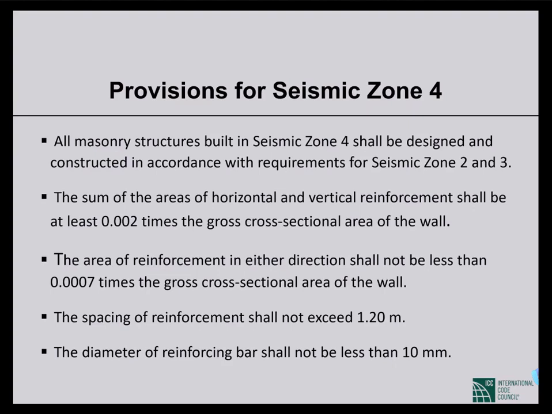In any case, even for ties for boundary elements, the diameter of rebar will be 10 millimeters or more. But for horizontal and vertical reinforcement, it has to be 12 millimeters or more.